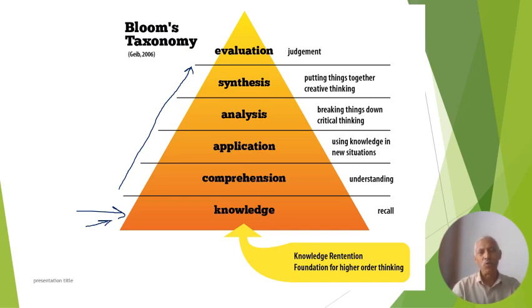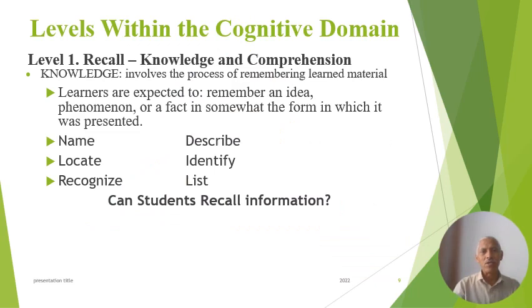So let's go a little bit more in detail in each one of them. Broadly, they divide them into three levels. The first two, the knowledge and comprehension, are put in one level as level 1, recall. Let's explain each one of them. The knowledge level involves the process of remembering learned material.